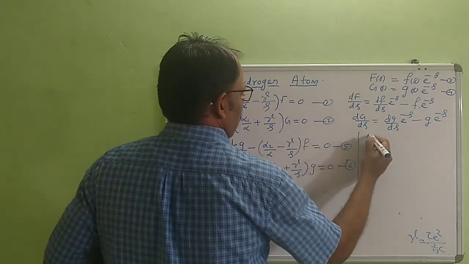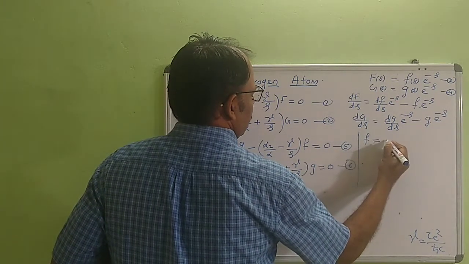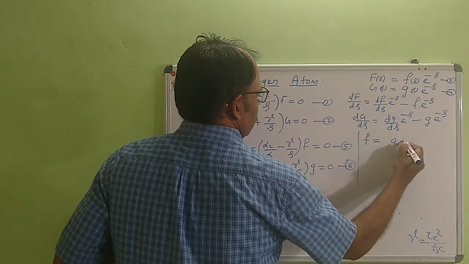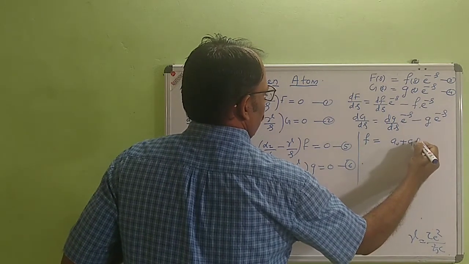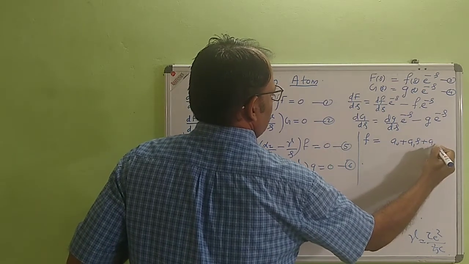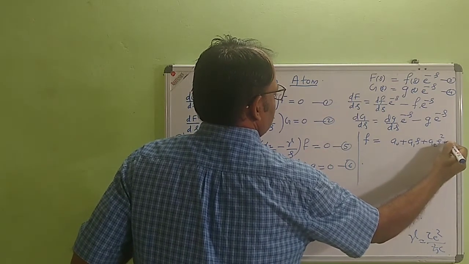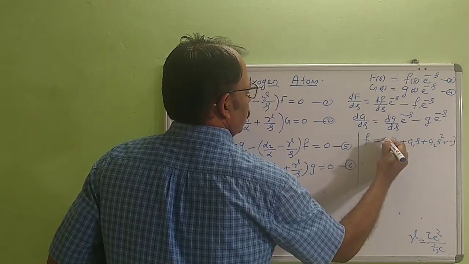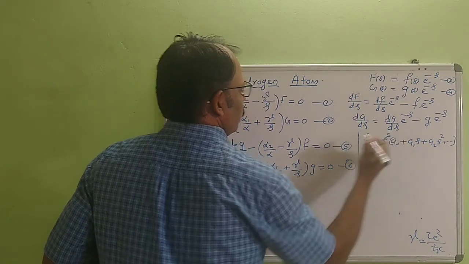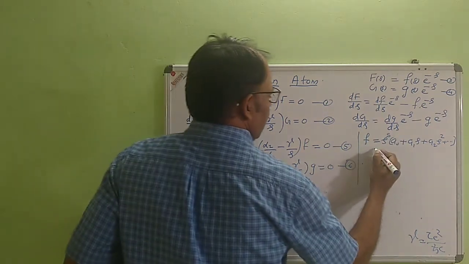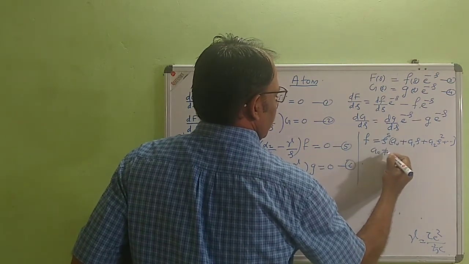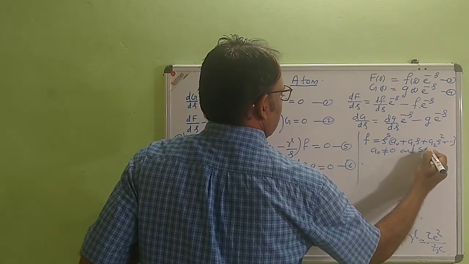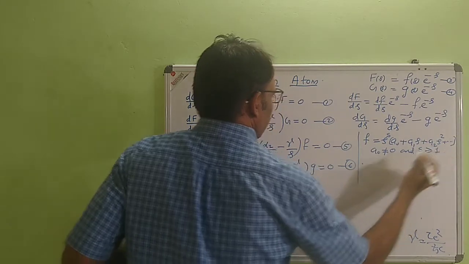We can write small f as a0 plus a1 rho plus a2 rho square plus etc., into rho raised to s, where a0 not equal to 0 and s is greater than or equal to 1.